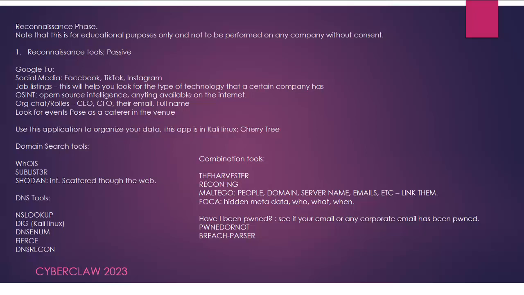Next, we have combination tools. The Harvester. This is another Kali Linux tool that acts as a wrapper for a variety of search engines and is used to find email accounts, subdomain names, virtual hosts, open ports, banners, and employee names related to a domain from different public sources, such as search engines and PGP key servers.